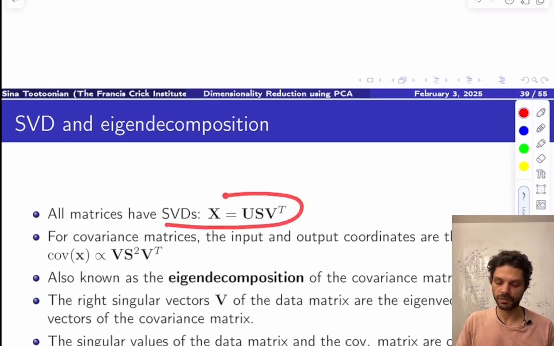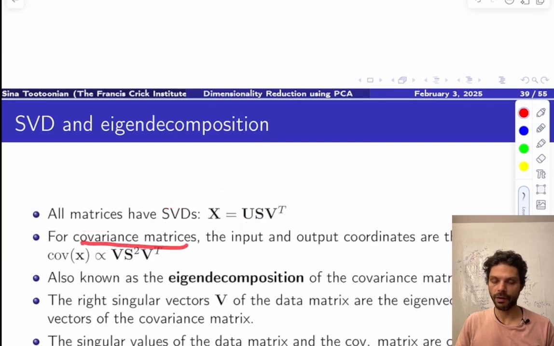So as we said, all matrices have SVDs, just like this. But for covariance matrices, we saw there's a special property. The input and output coordinates are the same. So you'll get the covariance of this data. The singular values will be those of the data matrix squared, up to the division by the number of elements minus 1, or whatever you have to do for the covariance.